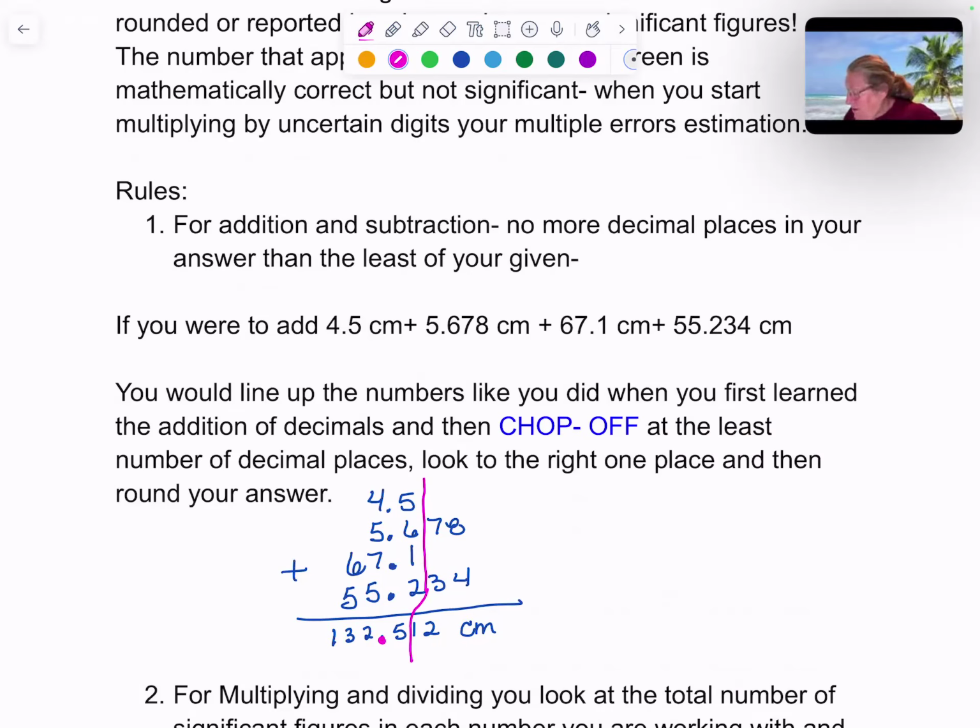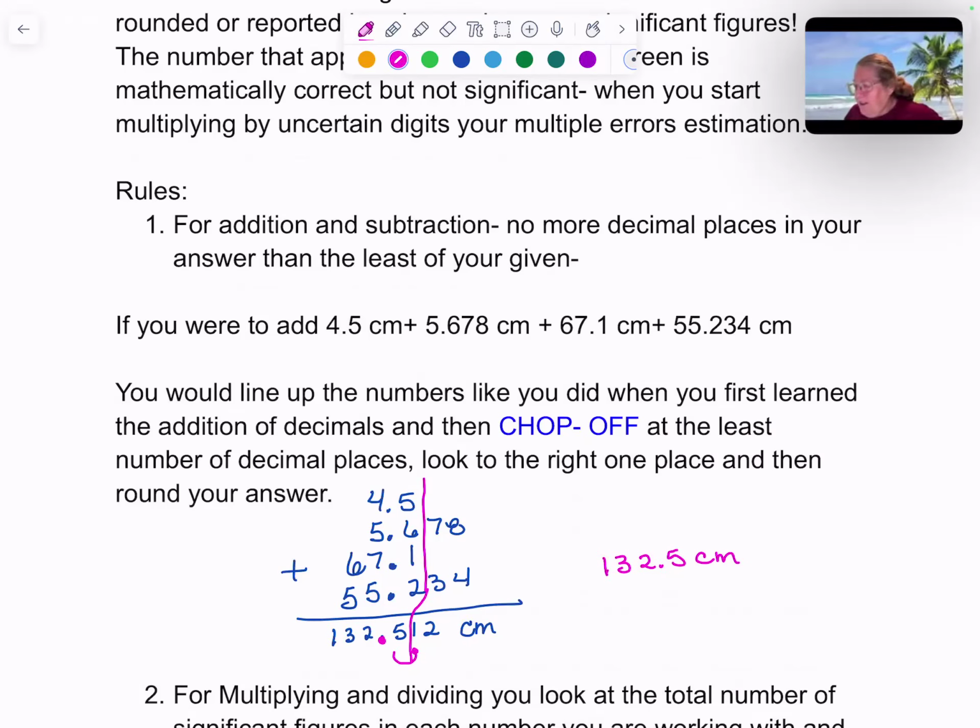Then for rounding, we're going to look to the right. That digit there is a 1, so we're going to leave it alone, and we're going to report our answer as 132.5 centimeters. So adding, subtracting, chop-off rule. And remember, always look one place to the right to round your answers.